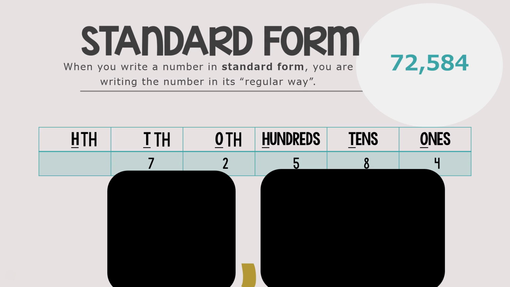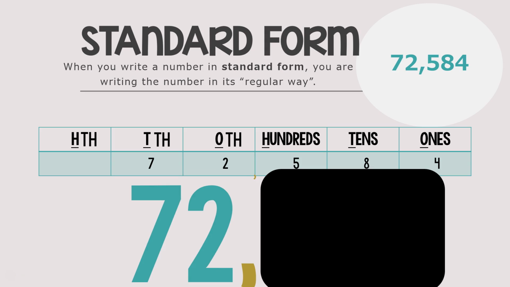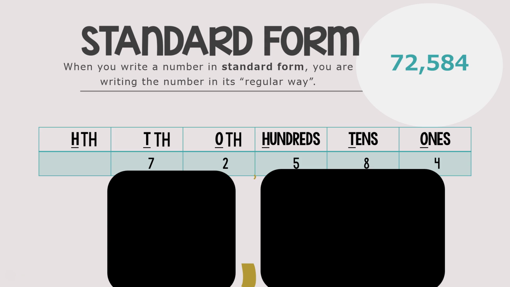So what we're going to do is focus on saying the numbers in each period. I'm going to make sure that I'm looking at where my comma is, and I'm going to look at those first numbers to the left of my comma. And that's easy. That's just the number 72. Remember, every time I see a comma, I'm going to say the word thousand.